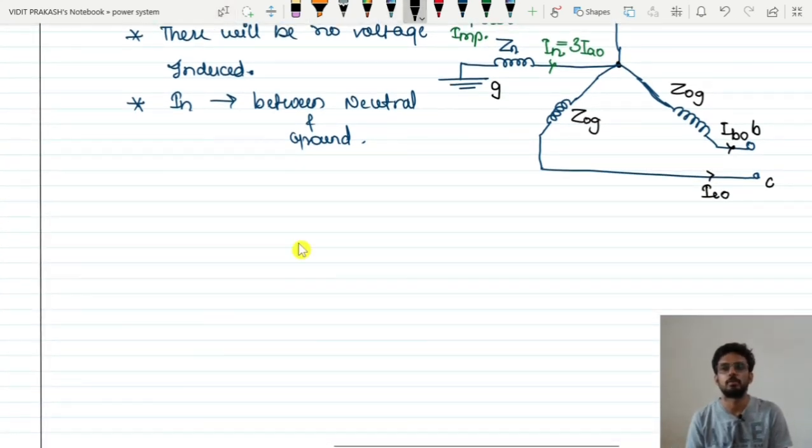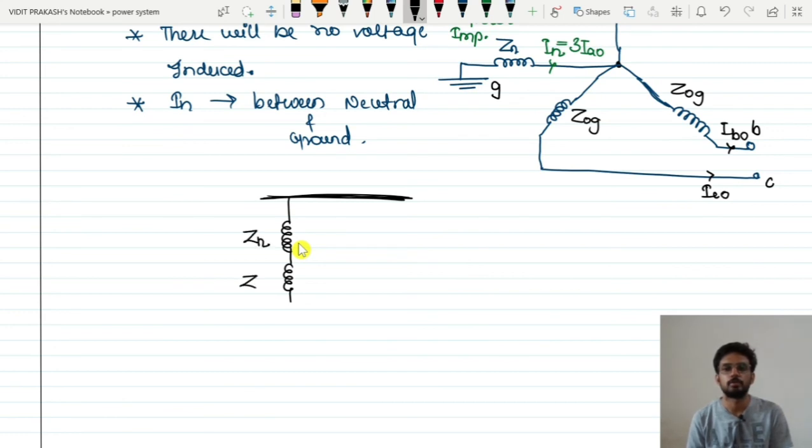This will be your reference bus, and there will be no voltage, but you have the ground impedance Zn, and this will be your zero sequence impedance, and this is the zero sequence voltage VA0, and this will be your current IA0.